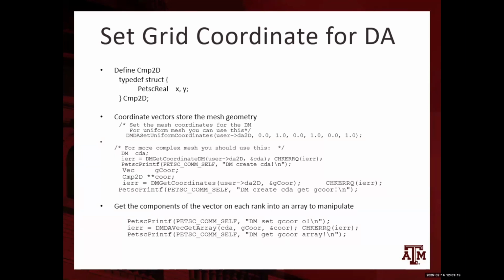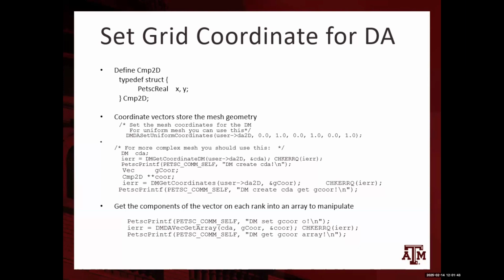So let's do DMGetCoordinates into some vector called G coordinates, which we have defined right here, the global coordinates. So we're going to get the vector which contains this.